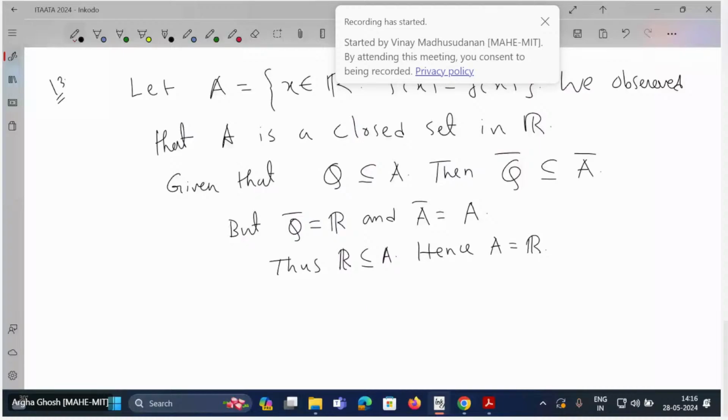Dense in the sense that the closure of the set is equal to whole of R. So only this is the fact we used in this proof. And A is closed, whether f(x) and g(x) are equal for all rational points or not does not matter.